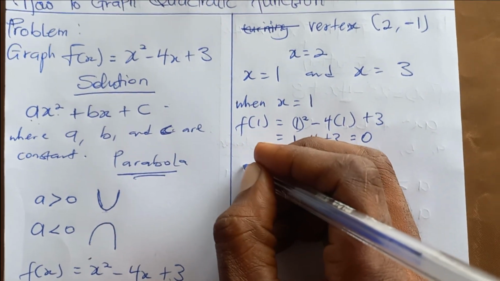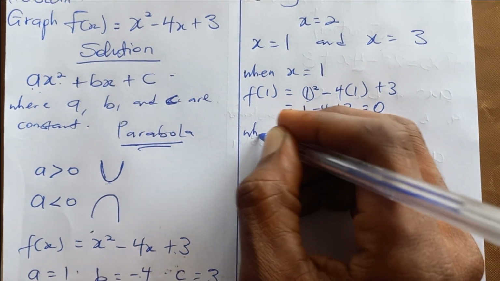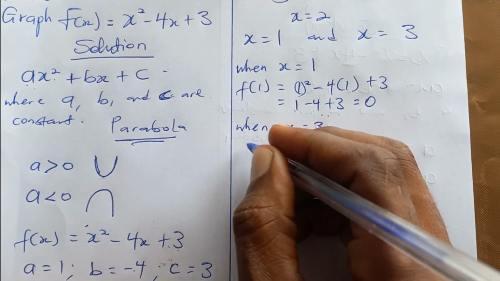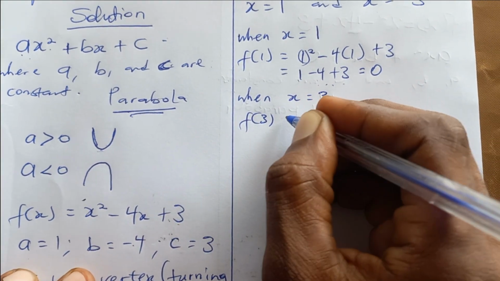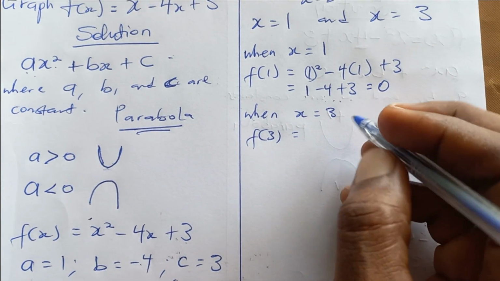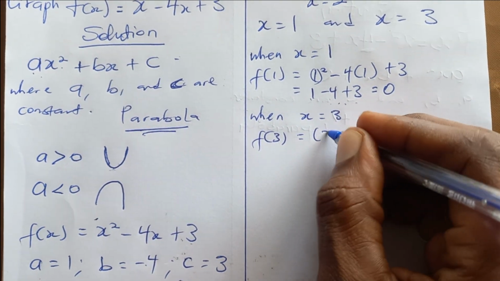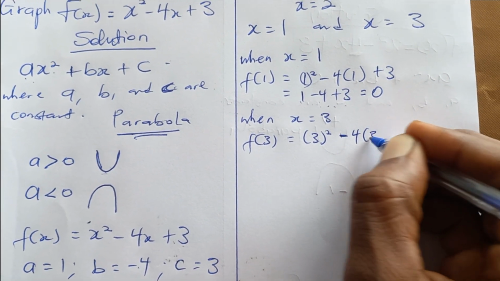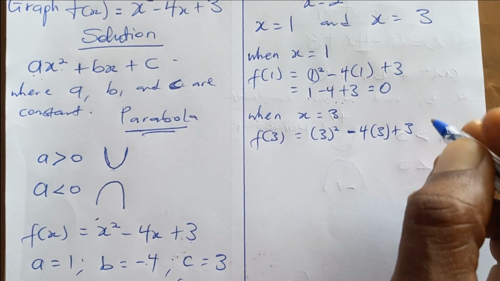So when x is equal to 3, we are getting f of 3 is equal to 3 squared minus 4 multiplied by 3 plus 3.